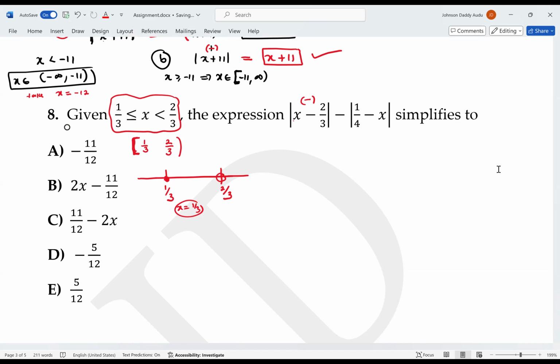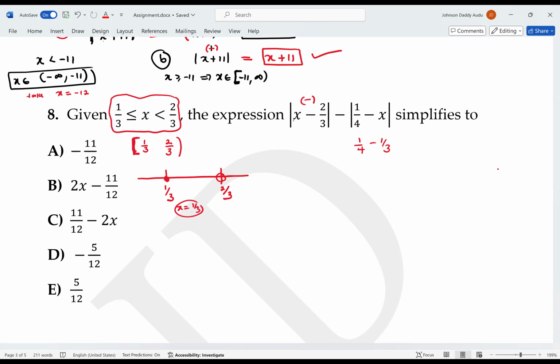Also, remember we're taking x to be 1 over 3. So what is 1 over 4 minus 1 over 3? Is it going to be positive or negative? Definitely, this is going to be negative, right? All right. So why is this negative? You can try to use your idea of LCD.